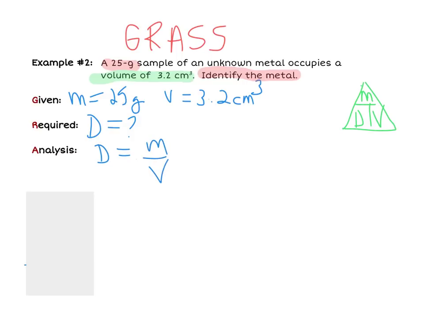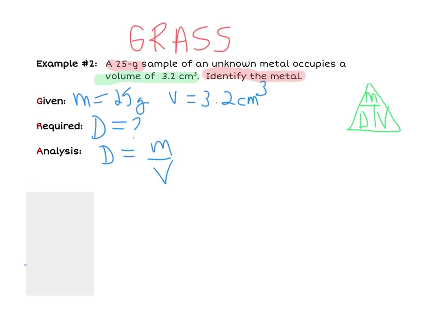The next section of the GRASS method is this second S here, and the second S stands for solution or solve. This is where I'm going to substitute or plug in the information that I have into my question in order to solve for my unknown.